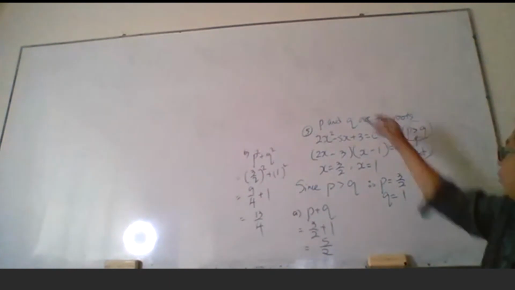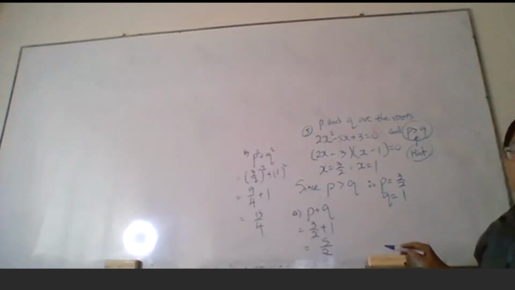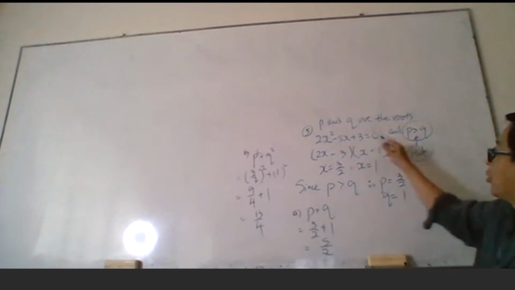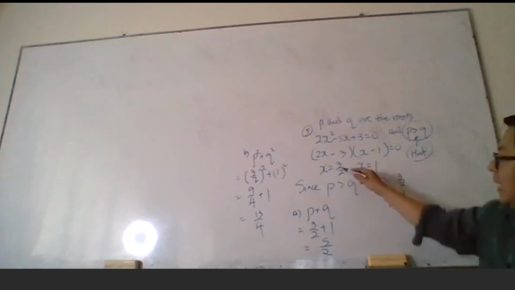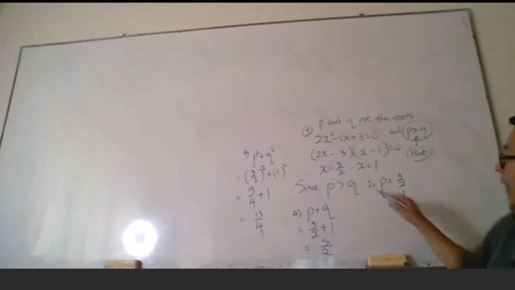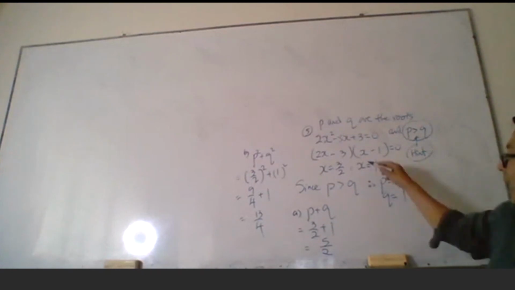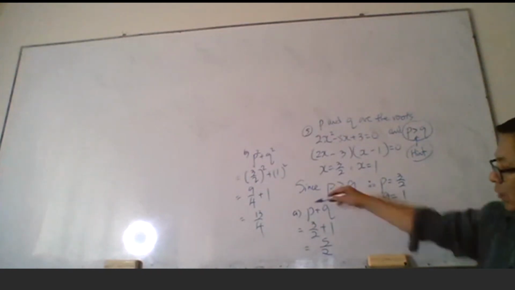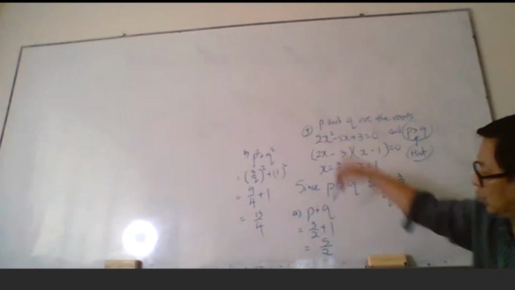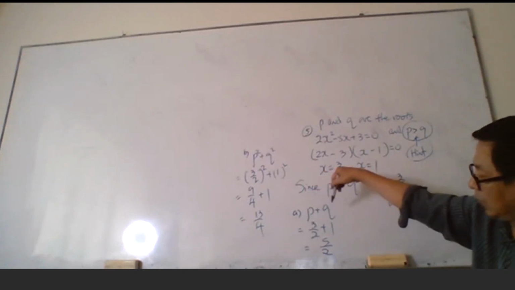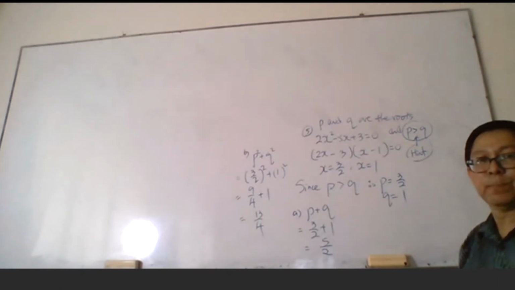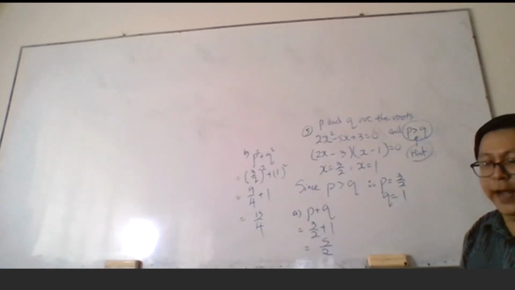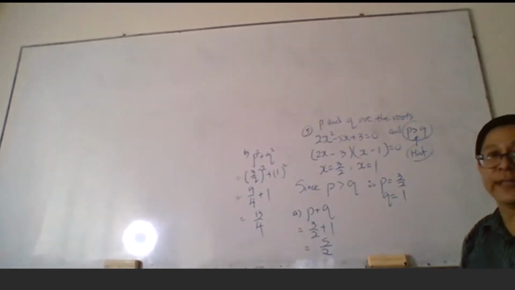Remember, if the question says P more than Q, it means we can factorize to determine the roots of the quadratic equation, and the value of P is greater than Q. So P I will take 3 over 2 and Q I will take 1, and I will substitute P and Q into questions A and B. If you're okay, then I will show you number 6.